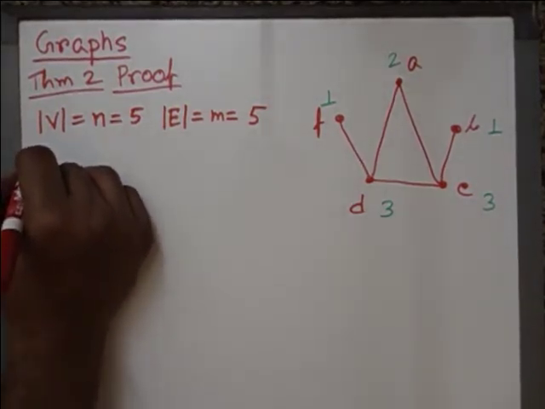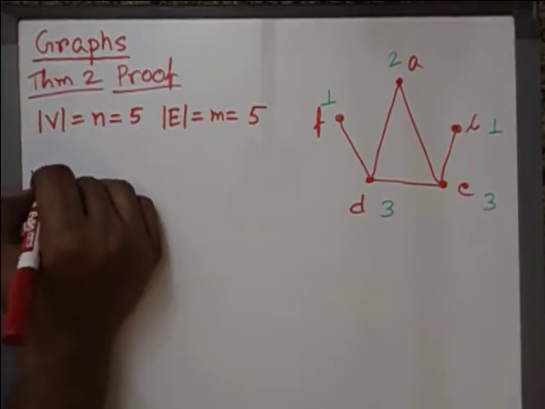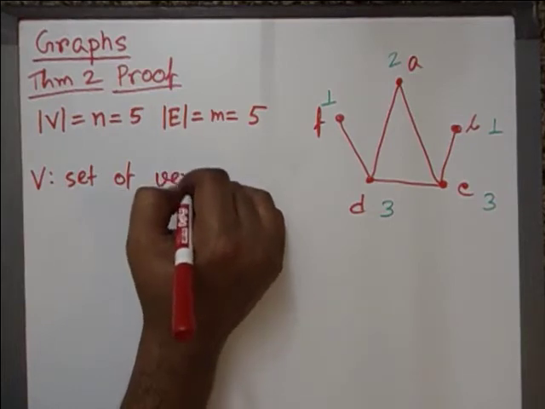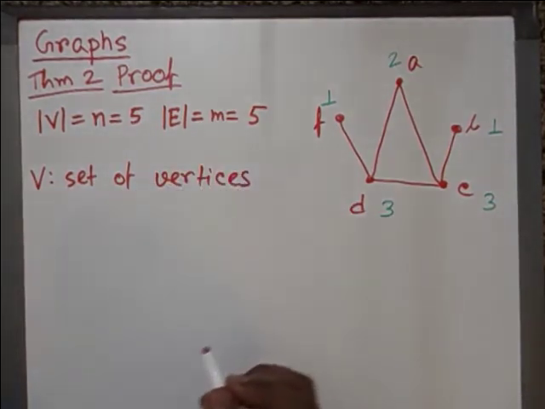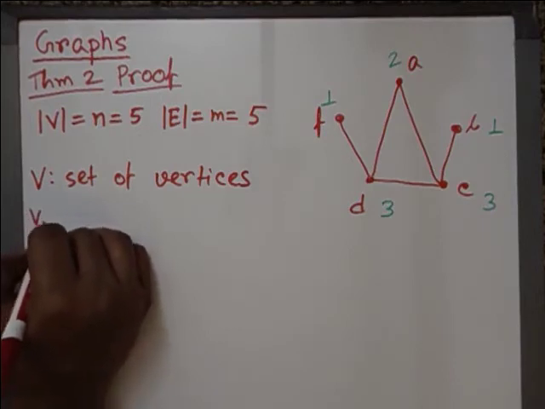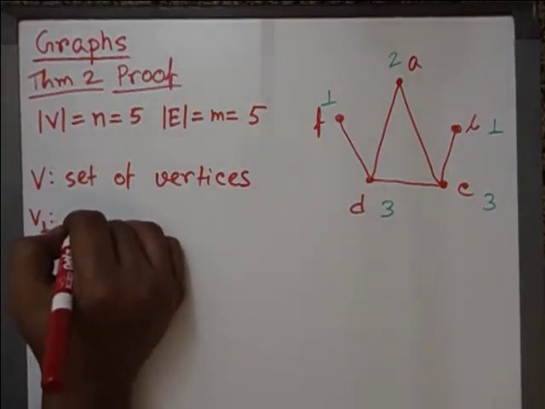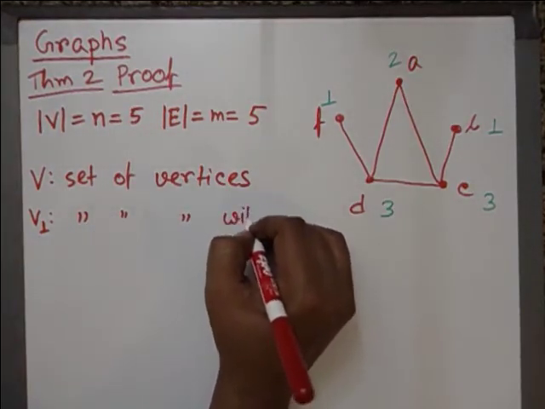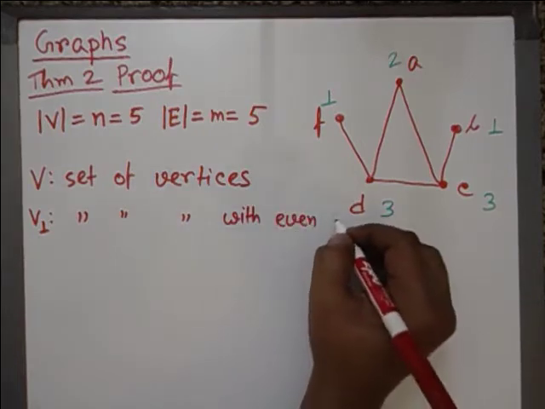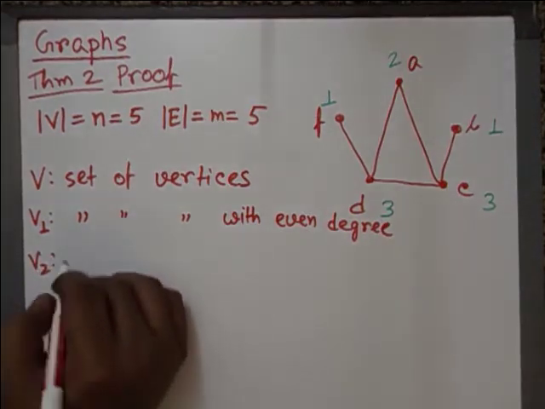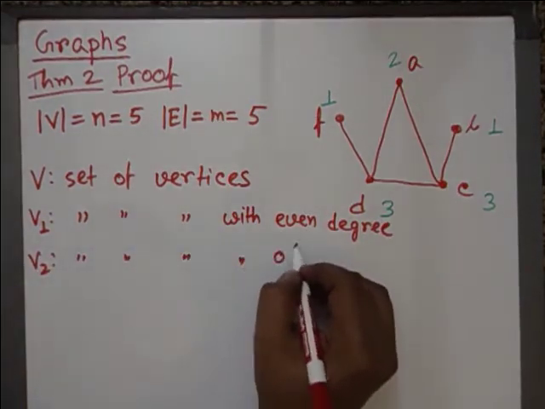Now, we defined that V is the set of vertices. Since we are dealing with the set of vertices with odd degree and even degree, we need to use some names for that. So let's say V1 is the set of vertices with even degree, and V2 is the set of vertices with odd degree.